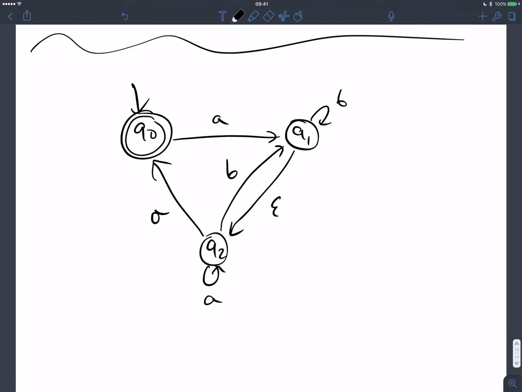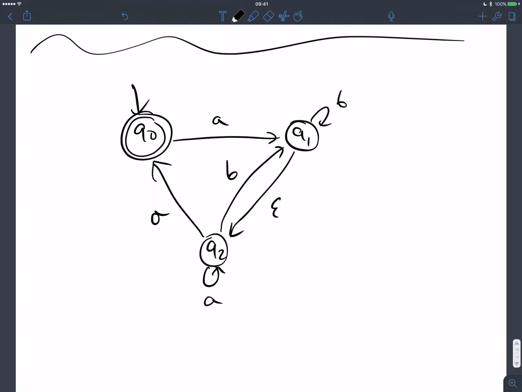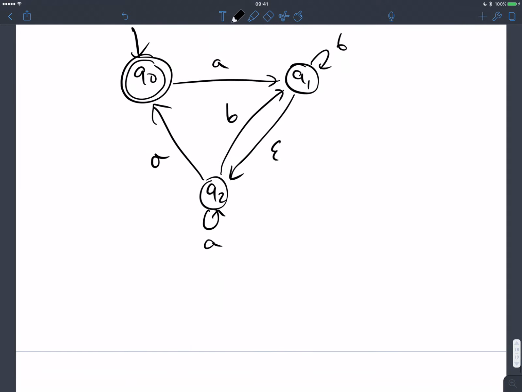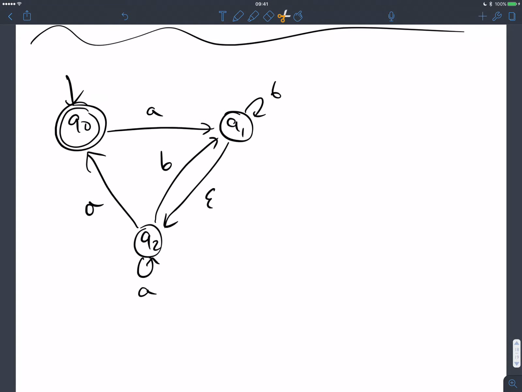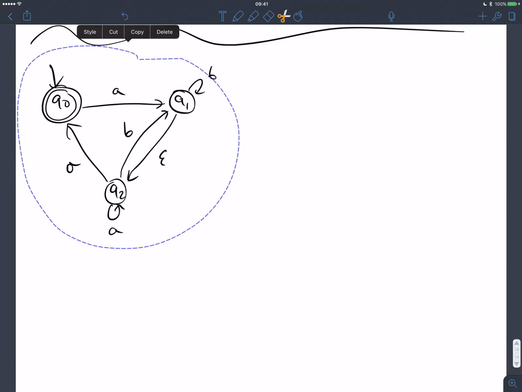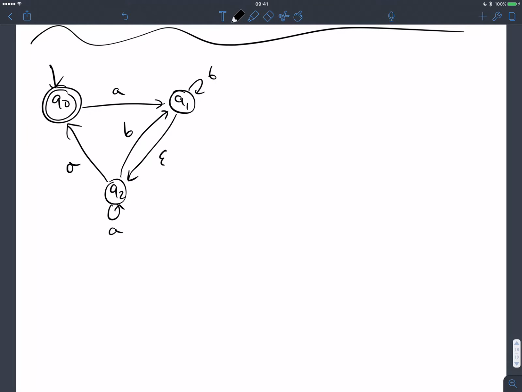Okay, so the alphabet's obviously A, B here. What should I do first if I want to convert this to a DFA? What thing do I need to look at first?